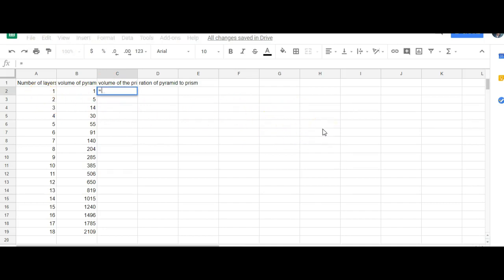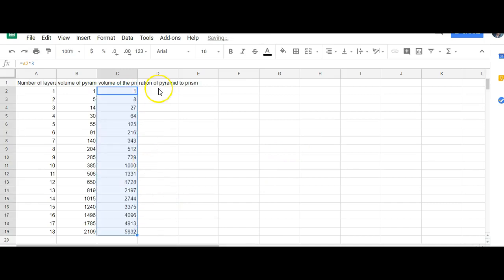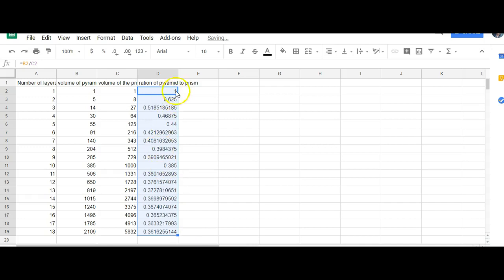So this would be equal to this to the 3rd power, right? If I had a prism, and then the ratio would be equal to this number divided by that number. And that's my ratio. Pyramid divided by the prism.